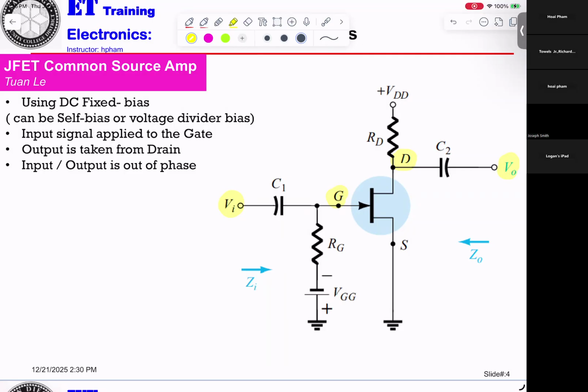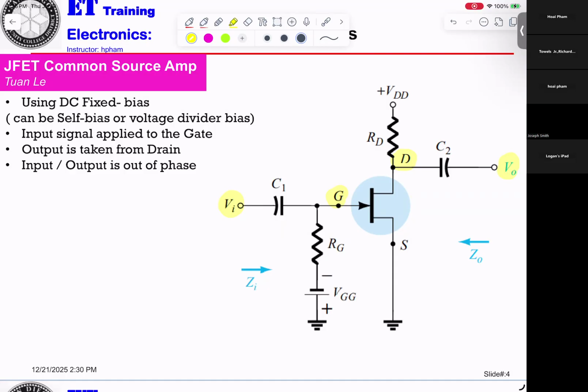You understand for the DC, you get a fixed bias and what else? Self-bias.